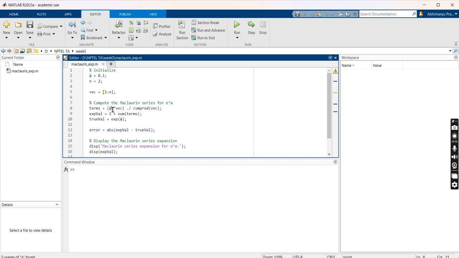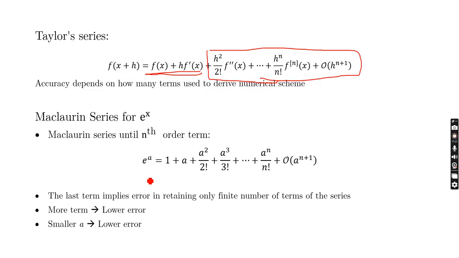Since this vec is a column vector, I am taking element-wise dot products. So this terms variable would be a column vector, and then I am adding 1 as my Maclaurin series has this initial one term in the beginning.